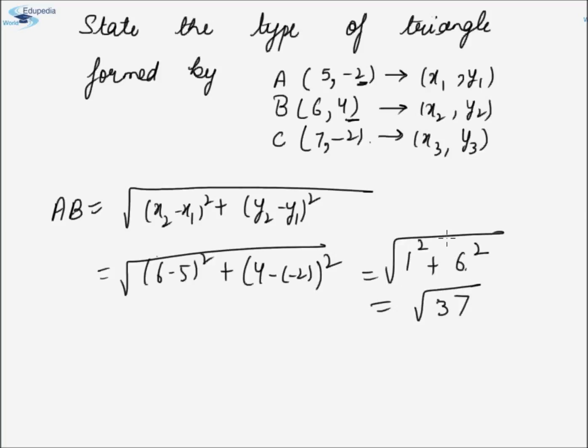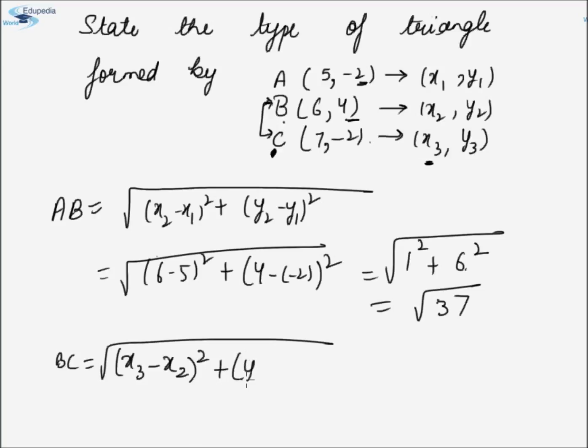Now for BC, the second point is C, whereas the first point is B. So for BC, the distance will be, first of all, the x coordinate of the second point, that is x3, then the x coordinate of the first point, which in this case is x2, then similarly for the y coordinates.